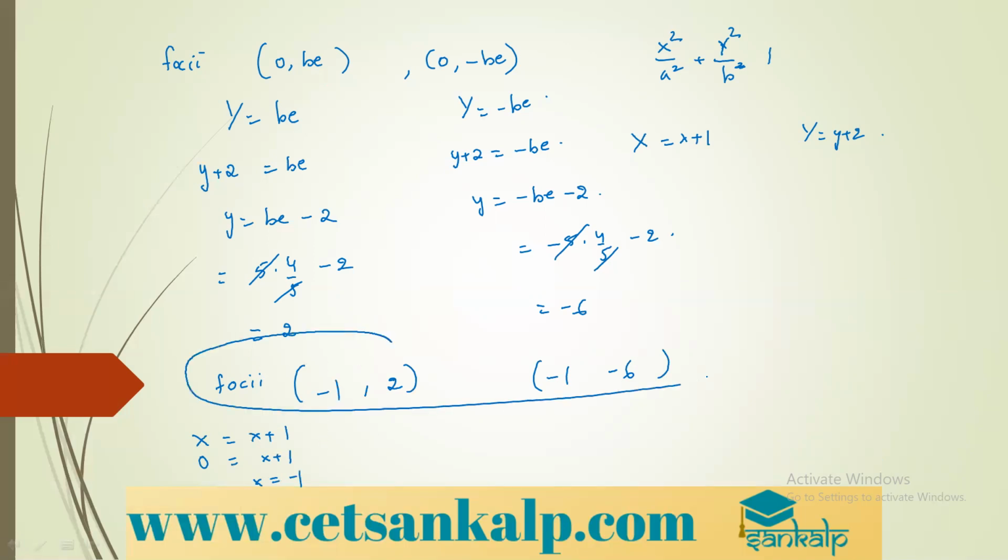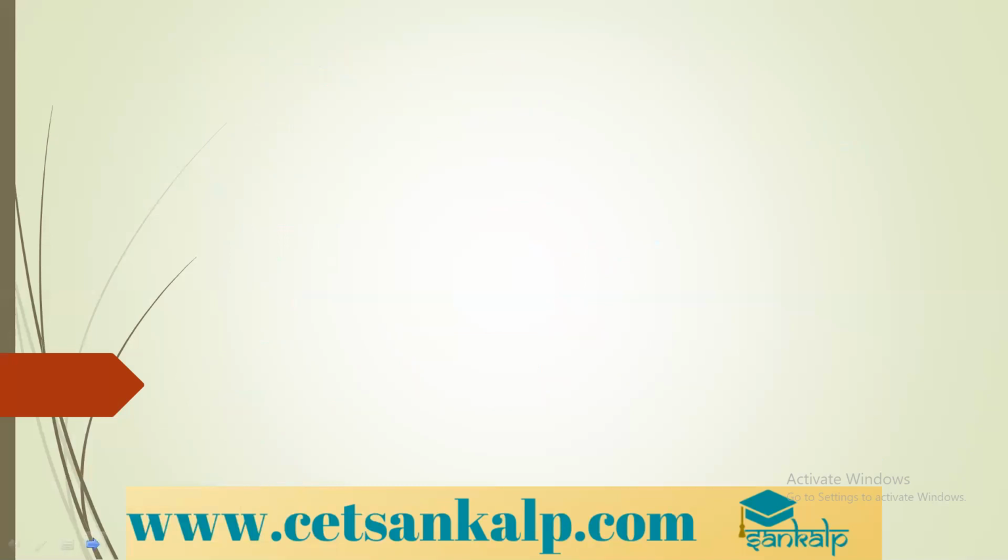So in this way I will find the foci of the ellipse. So there are many things you have to learn here about transformations. Directly you can't take the answer. So based on this, we will go to the next question.